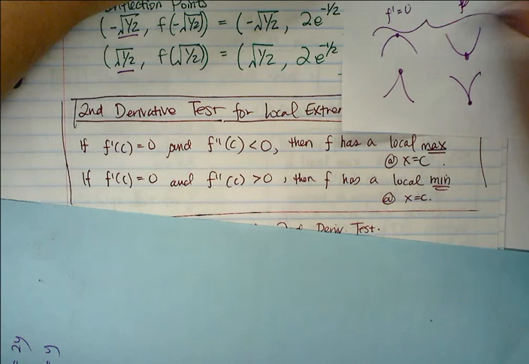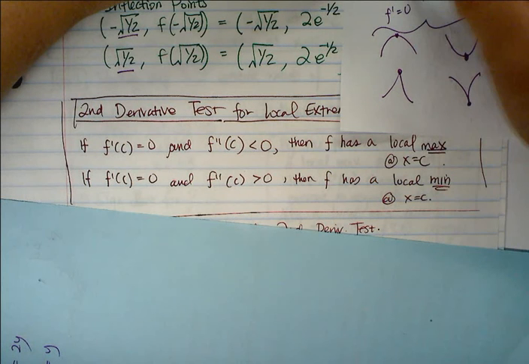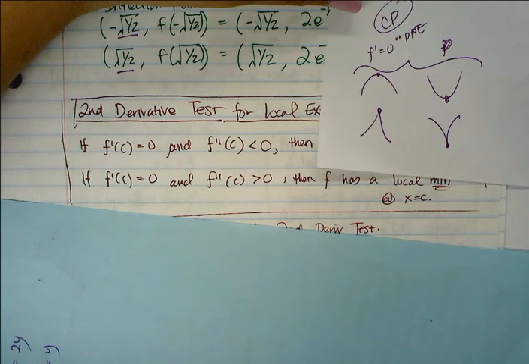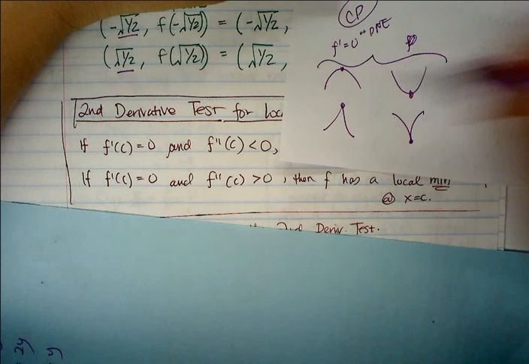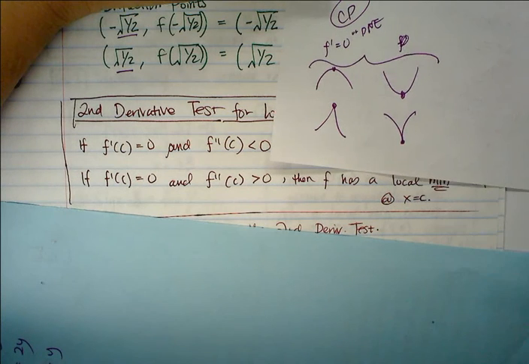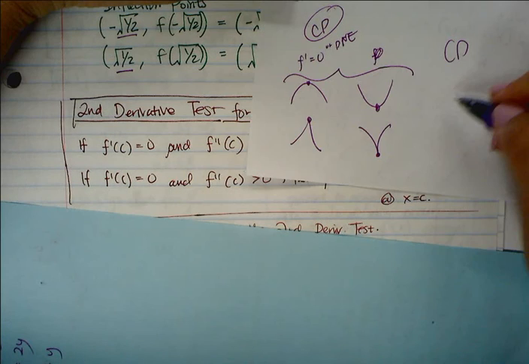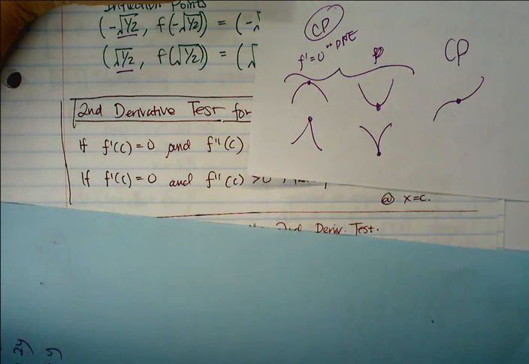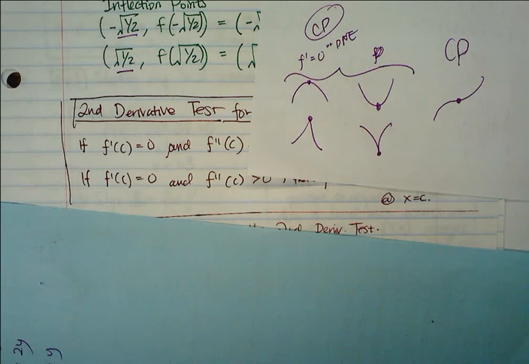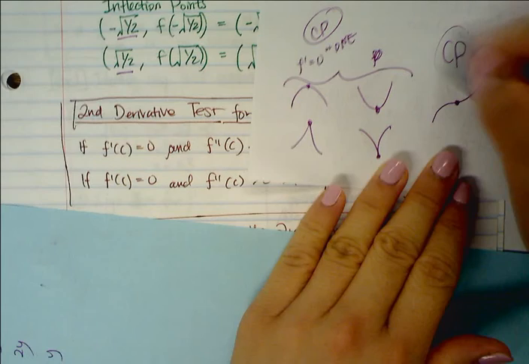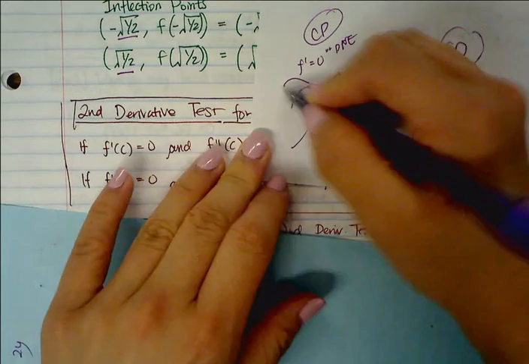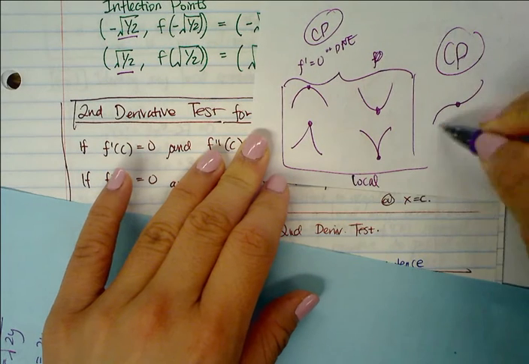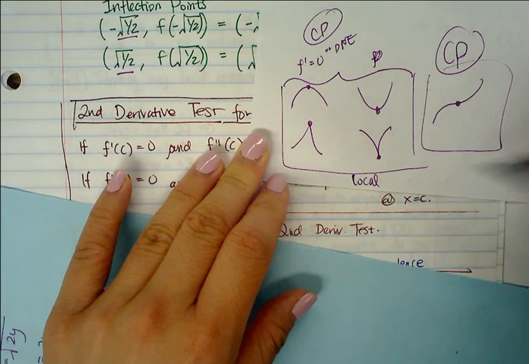It has to be a critical point. Do you guys agree that a local max or min has to be at a critical point? Sometimes there's a critical point on the end point. Oh, yeah, the endpoints are special cases. Sometimes there's a critical point, but it's just a saddle point. So sometimes a CP yields a local max or min, and sometimes it yields nothing. No local max or min.